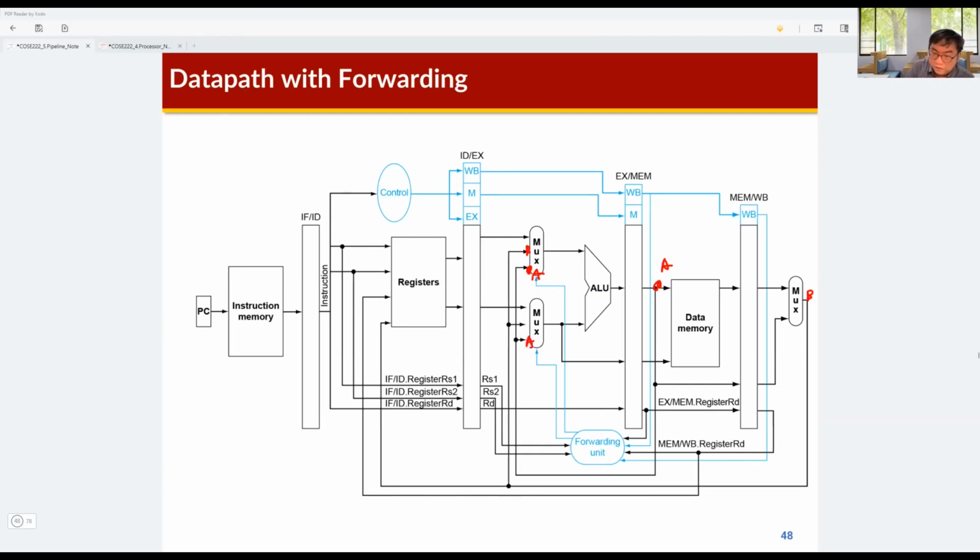The forwarding unit is located at the EX stage here, and the forwarding unit receives the RS1 and RS2 register numbers from this ID/EX pipeline register, and RD from the EX/memory and then memory/write back pipeline registers. Okay.